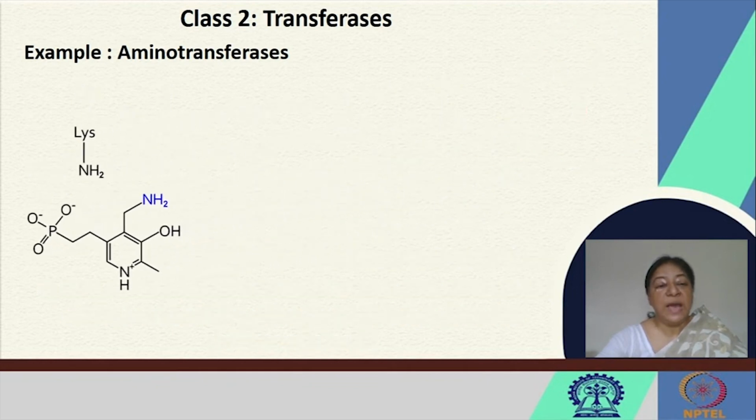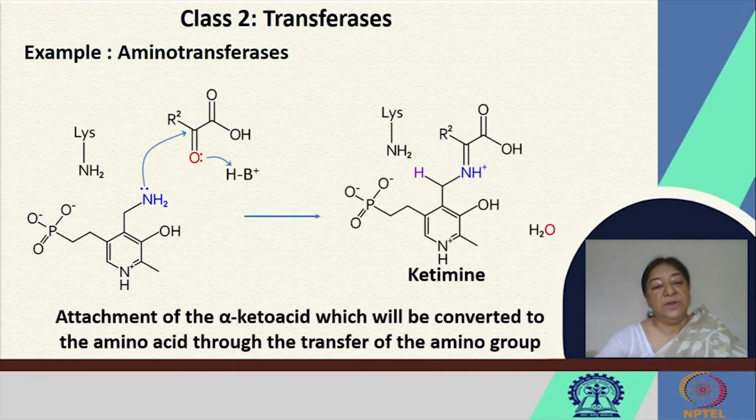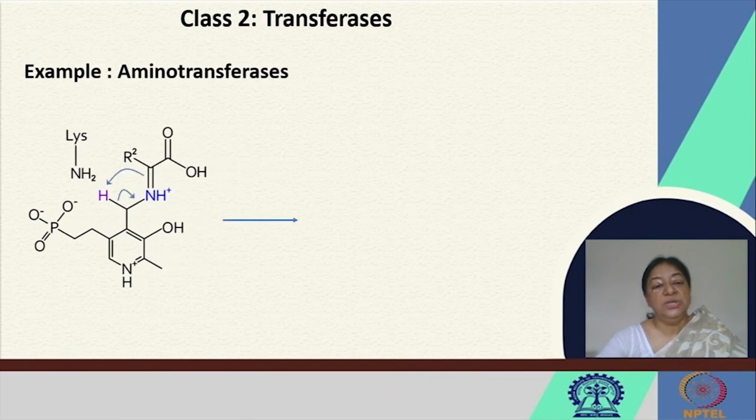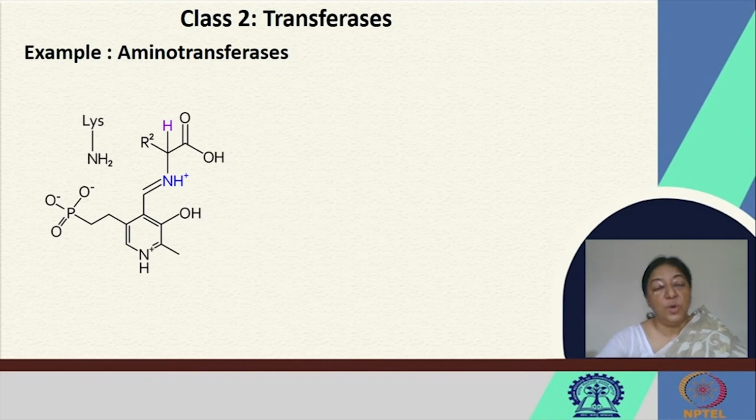So now that we have the NH2, we now have to transfer this NH2 to the other R2 group containing alpha keto acid, and the attachment of the keto acid to the pyridoxal phosphate will now take it to the transfer of the amino acid that is going to ultimately lead to the product formation, following a tautomerization as was shown in the previous slide.